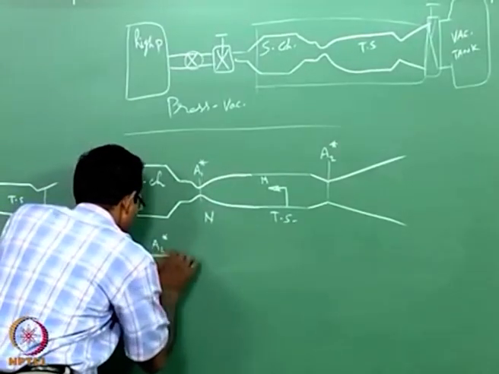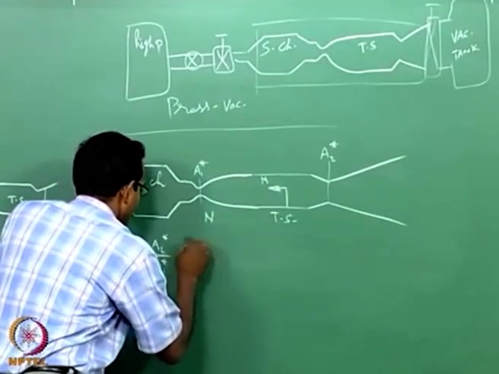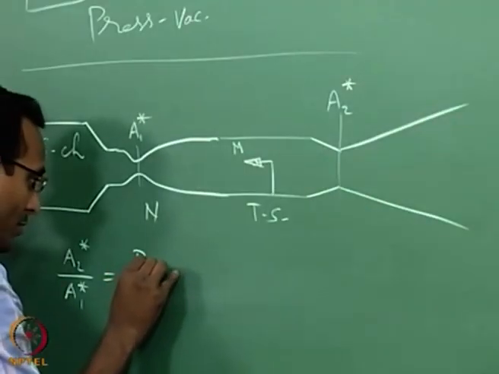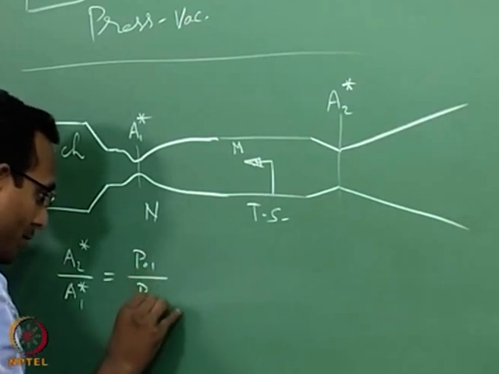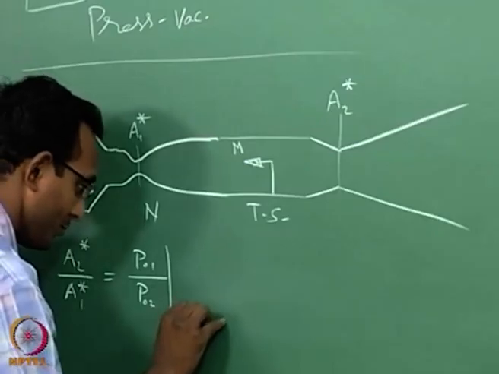We said A2 star by A1 star, the critical value, is equal to P naught 1 by P naught 2 for that Mach number shock.